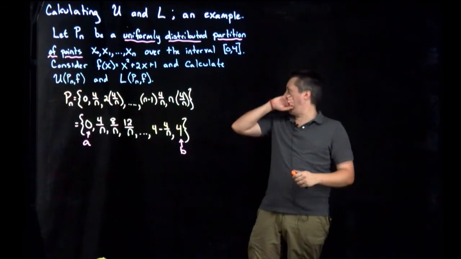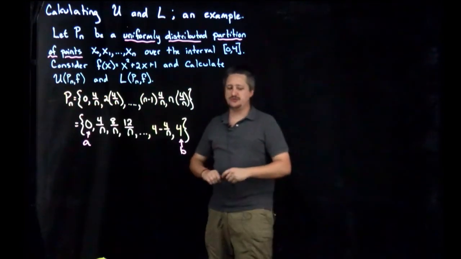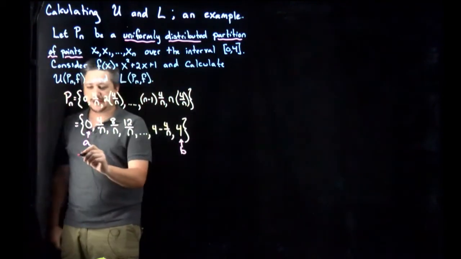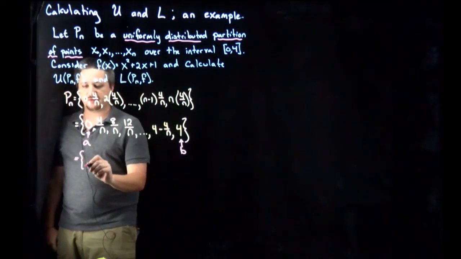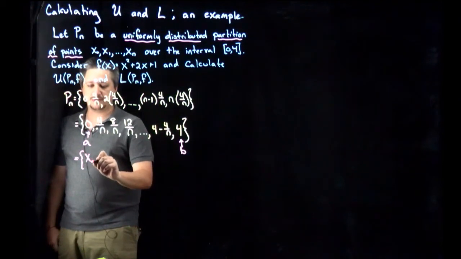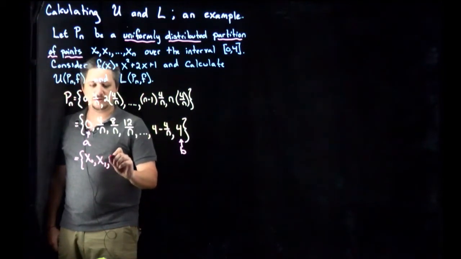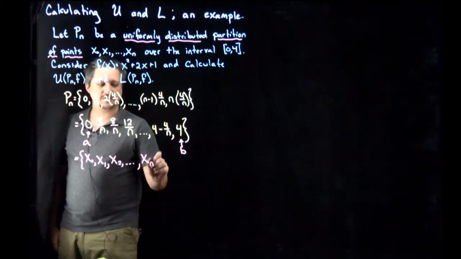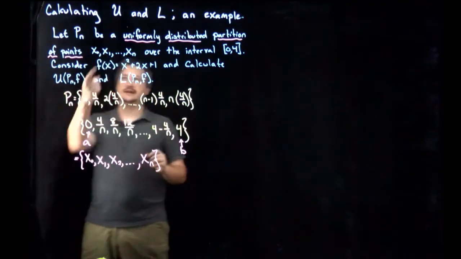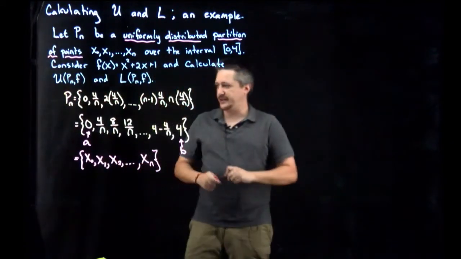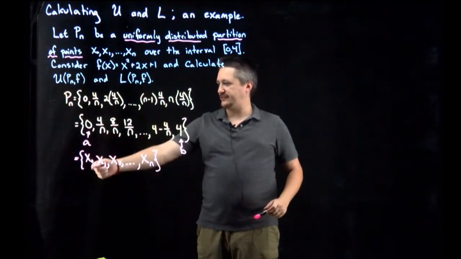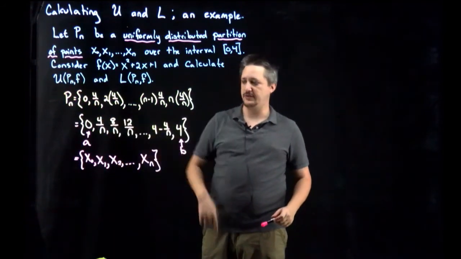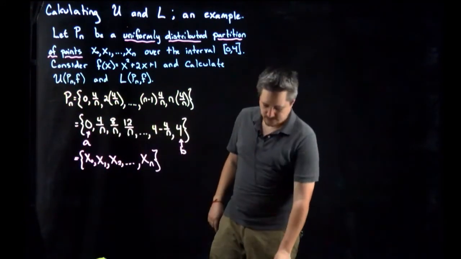I'll also point out that I can write this, because I'm going to use this as a reference later, as x0, x1, x2 to xn, because that's how they were originally given, x0 through xn. So this is the correspondence. x0 is 0, x1 is 4 over n, x2 is 8 over n, etc. xn is 4.